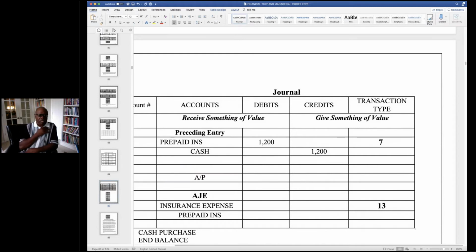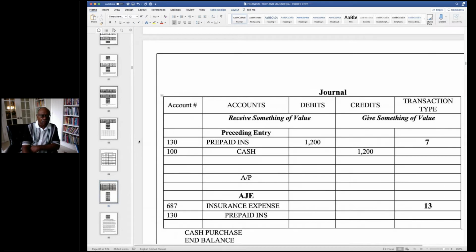Then it asks you for the adjusting entry required at the end of the year. And this was an April 1st date.